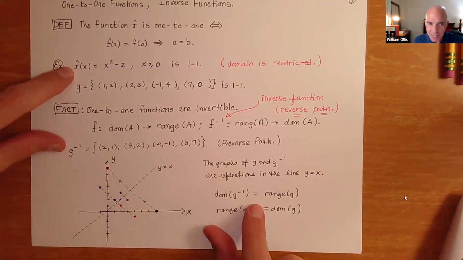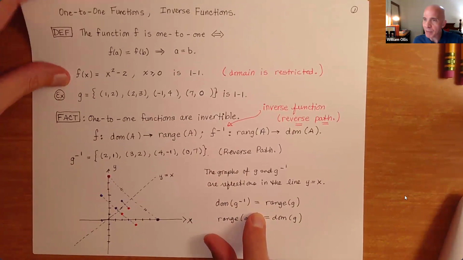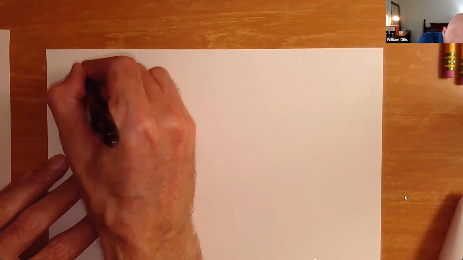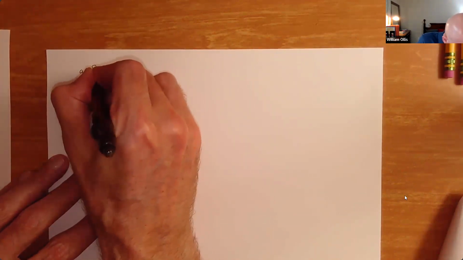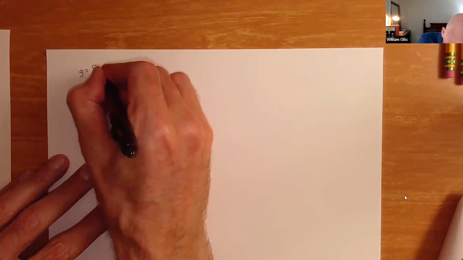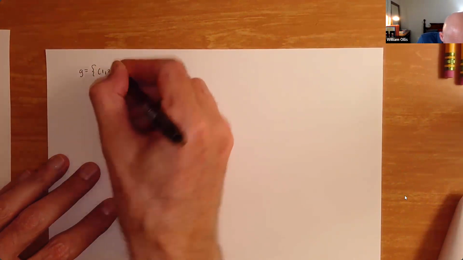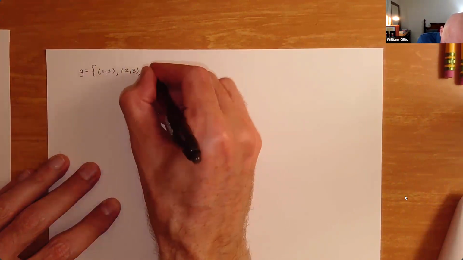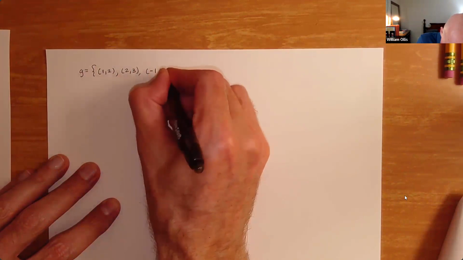Now, before we do this example, I want to make one more comment about inverse functions and what properties they have. I'm going to go ahead and write the functions again, so I've got a little bit more room here. So we've got 1, 2. We have 2, 3. We have -1, 4.